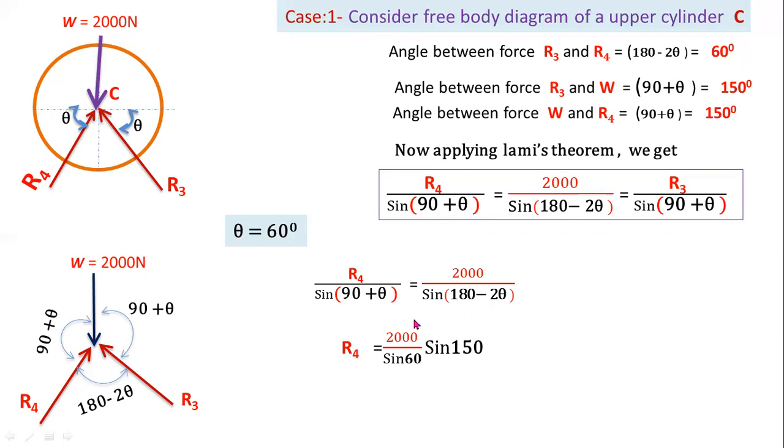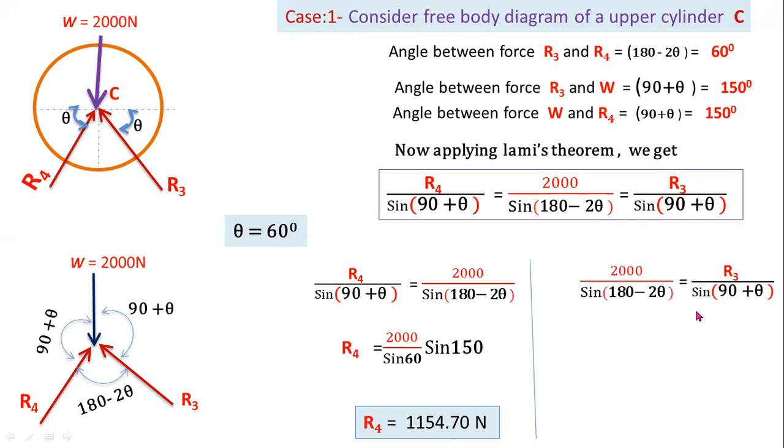So from this equation, reaction force R4 equal to 1154.7 newtons. In a similar way, you have to consider these two equations for determining the value of R3. Now apply cross multiplication. The value of R3 equal to sine 150 into 2000 by sine 60. 180 minus 2 theta equals 60 degrees and 90 plus theta equal to 150 degrees.